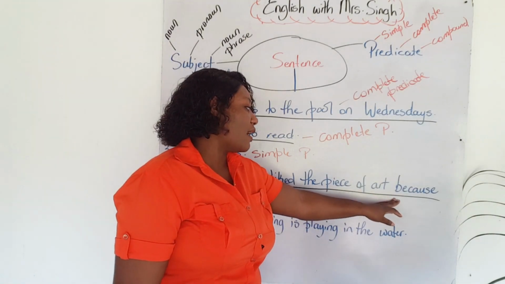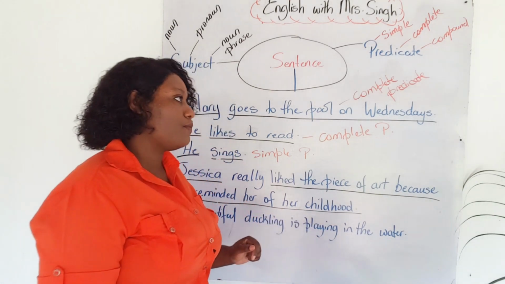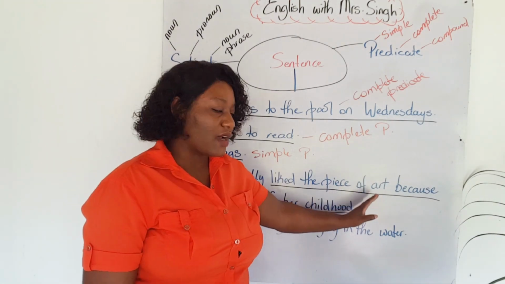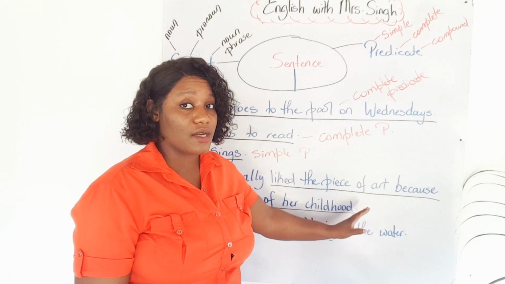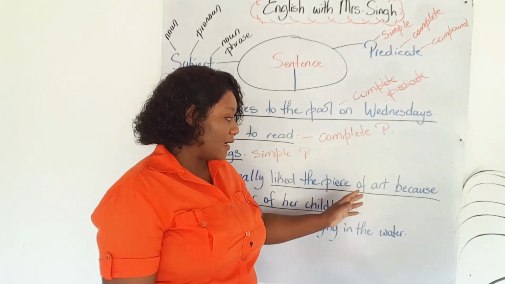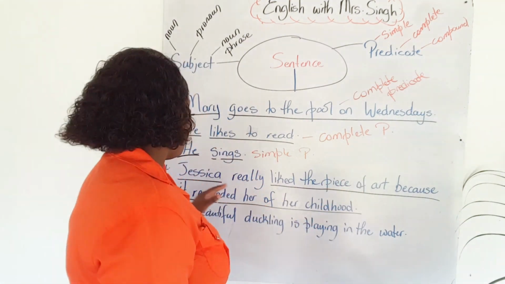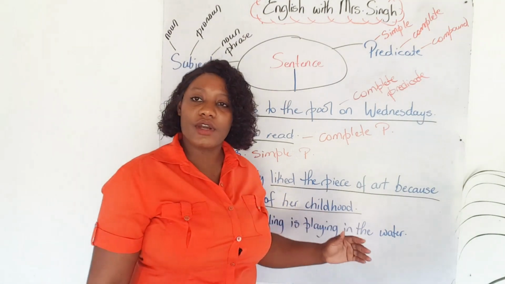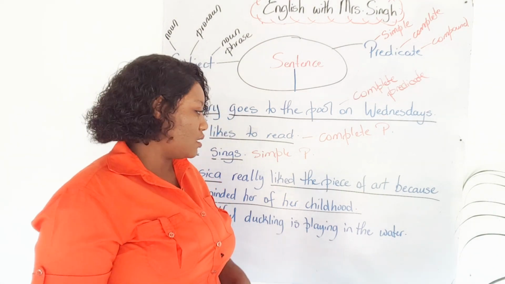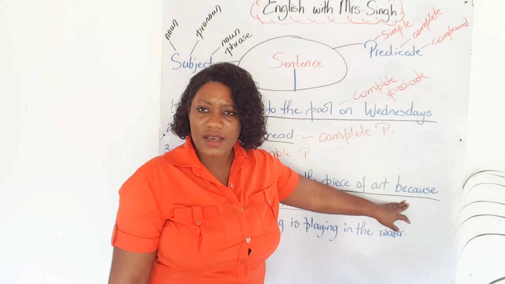Liked the piece of art because it reminded her of her childhood. Now, we see here, Jessica really liked the piece of art. The sentence could end there, right? And it would make sense. Complete sentence, complete thought. It reminded her of her childhood. That's also another complete sentence. But we have the insertion of because.